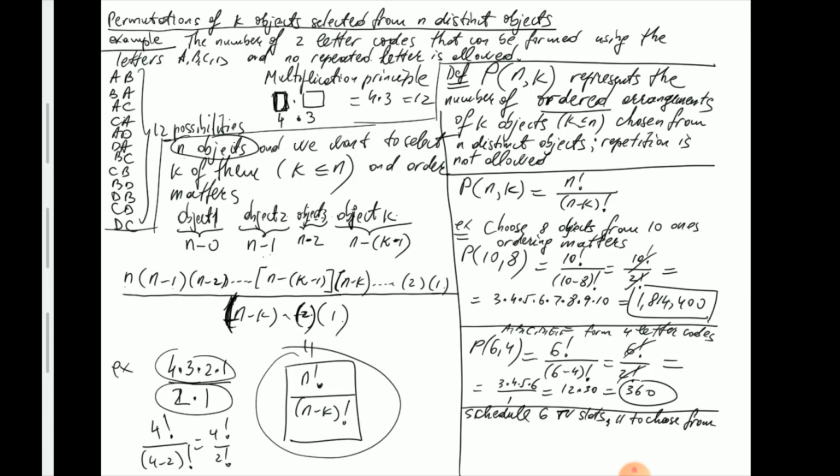In how many ways can you make the TV schedule if you have 6 slots available and 11 to choose from? Again, ordering matters when you talk about a TV schedule.